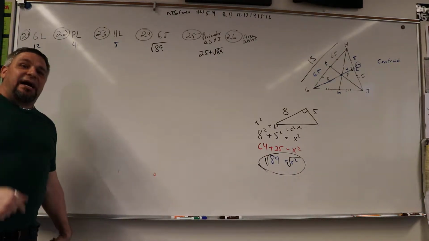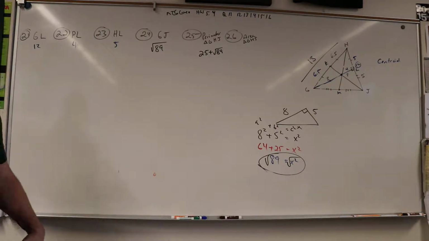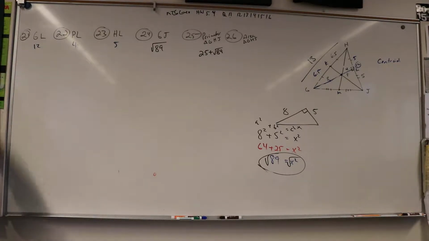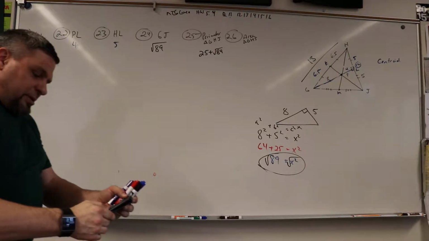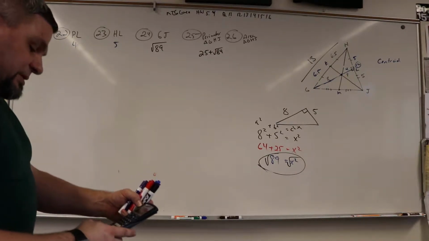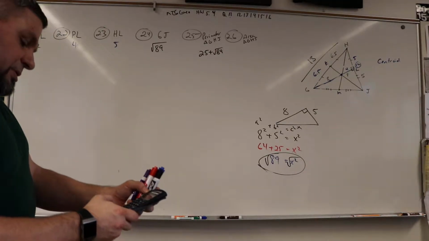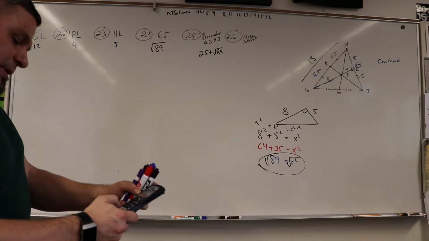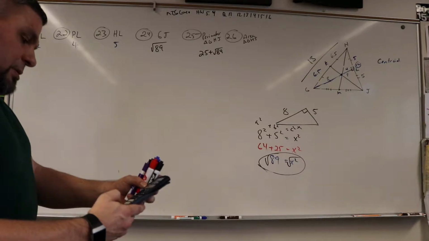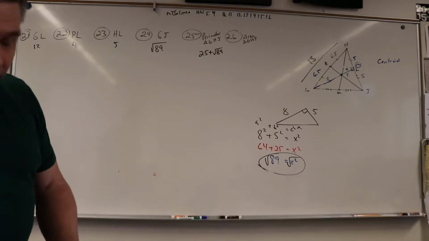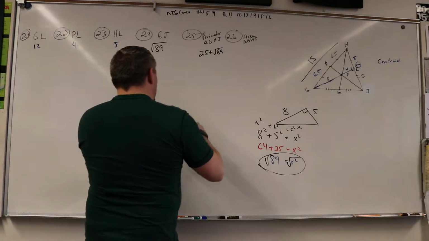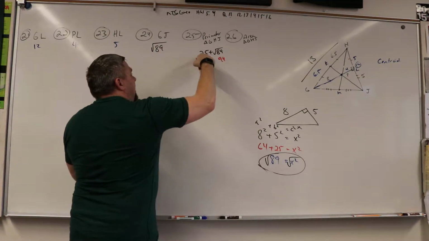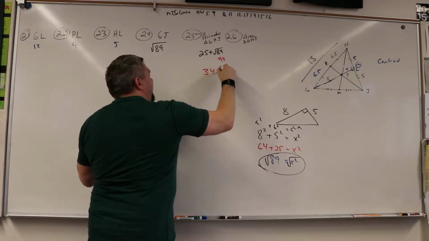The area is the height times the base times 1/2. Right? So if we wanted to come up with the decimal, we could do the square root. Let's just do the square root of 89 real quick. 9.4. Okay? So that's 9.4. And then that would be 34.4. Okay?